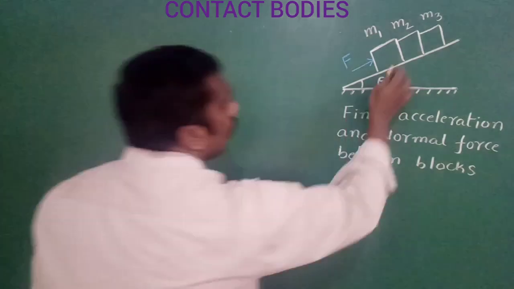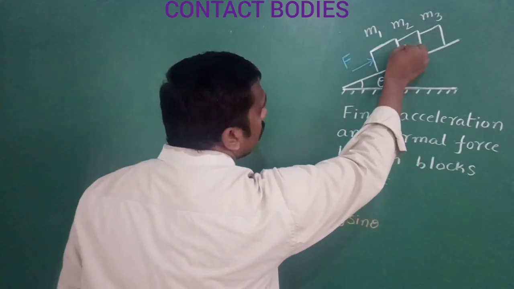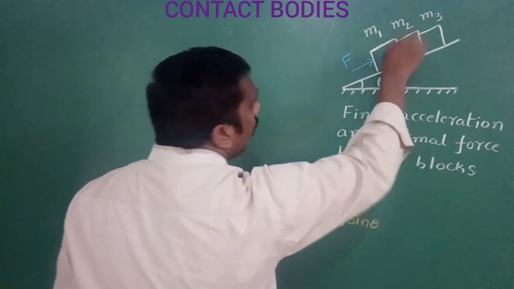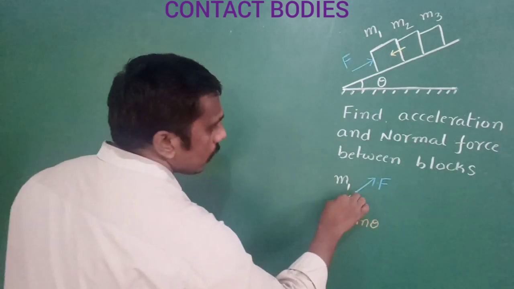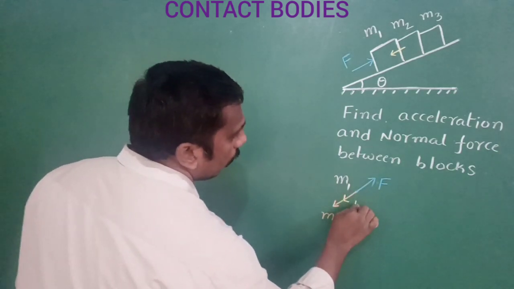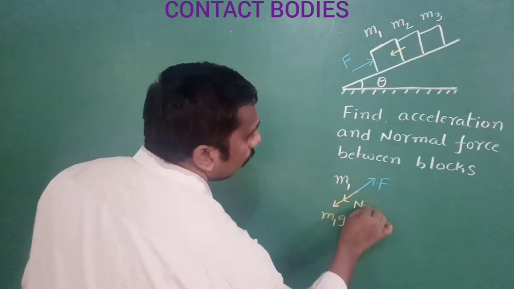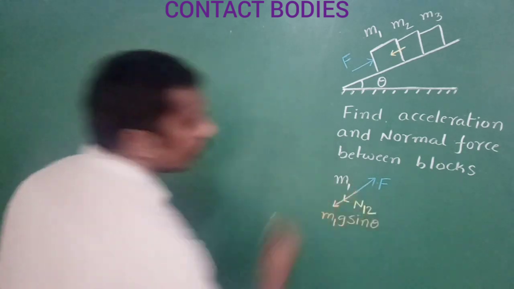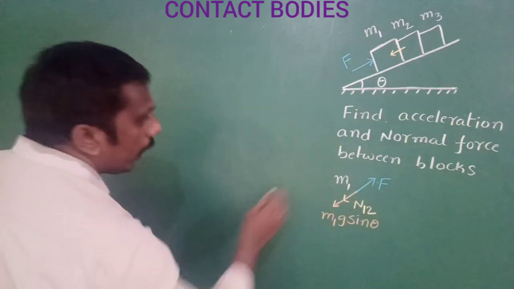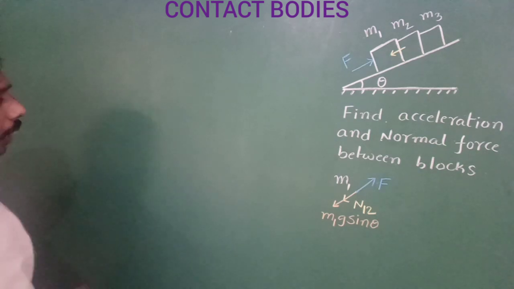And block m2 presses block 1 in the downward direction. That force is also acting downward. That is taken as n12. By using this free body diagram, now we write the equation.